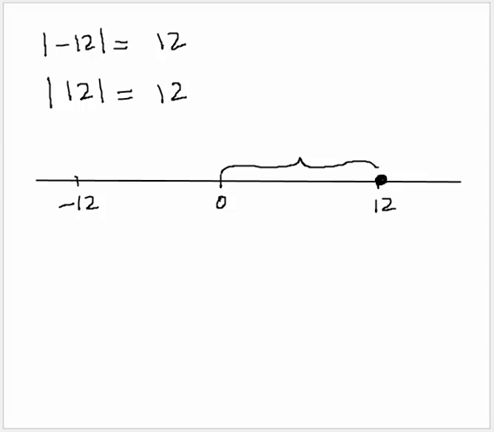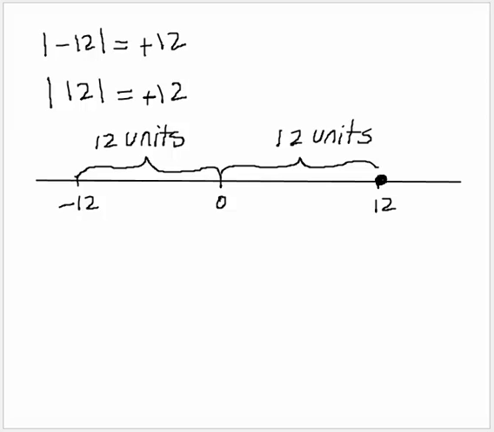If you count, it would be 12 units, and minus 12 would be the same distance, still 12 units. So absolute value refers to the distance, so it would always be positive 12, because the distance would always be positive. Clearly it's not negative 12, it's 12, okay?